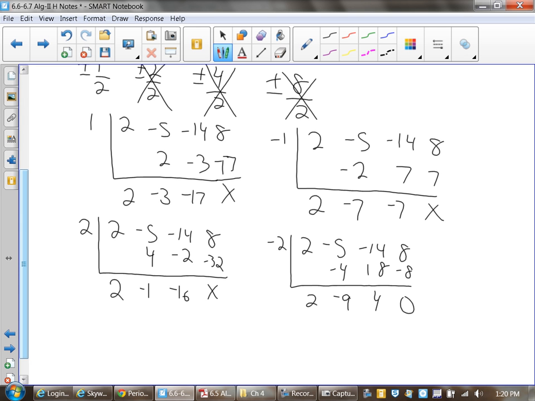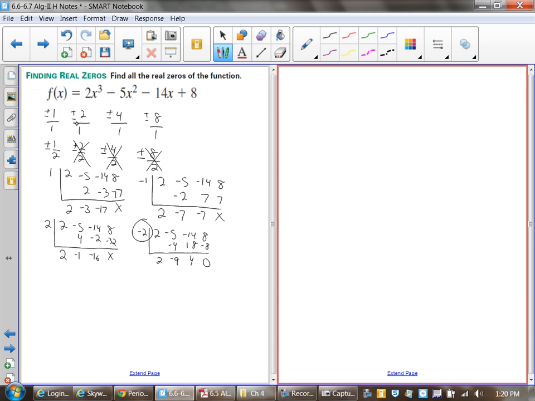Okay. So now I know that -2 is a 0. And I want to show you guys what's happening here. Our original problem was 2x cubed minus 5x squared minus 14x plus 8. And as of right now, we know that -2 is a 0.